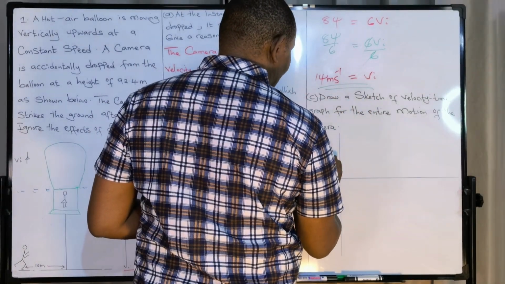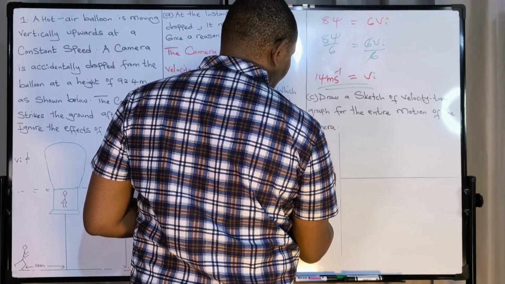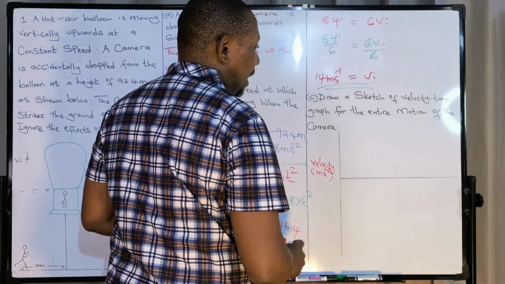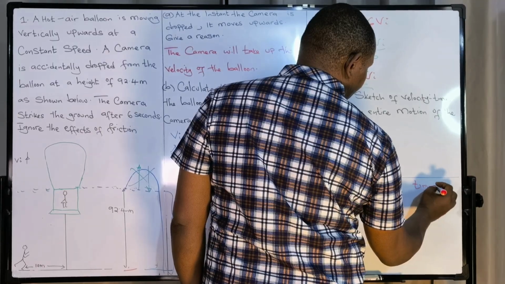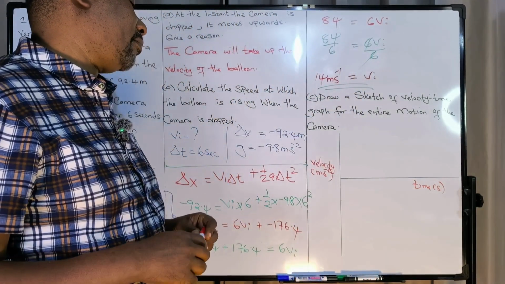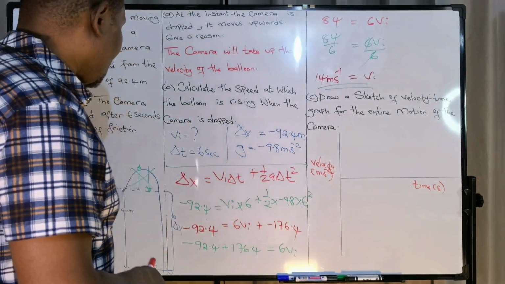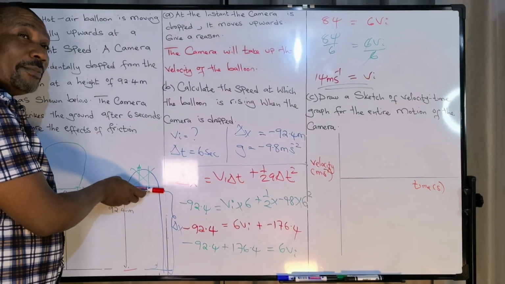So on this axis, we have the velocity in meters per second, and on the x-axis, we have time in seconds. And how would the sketch be like? We have to go back to our trajectory. This is how the camera moved.